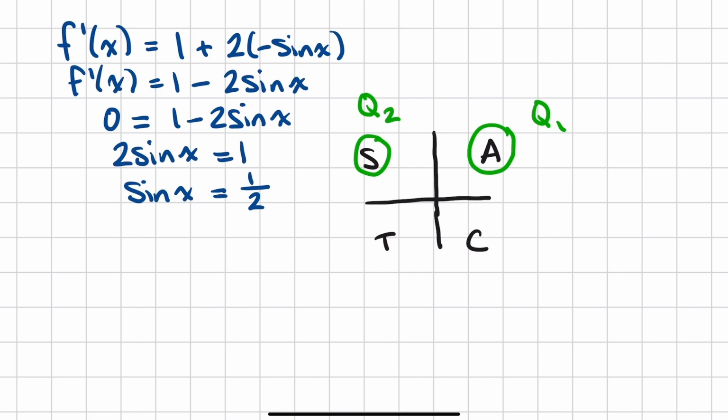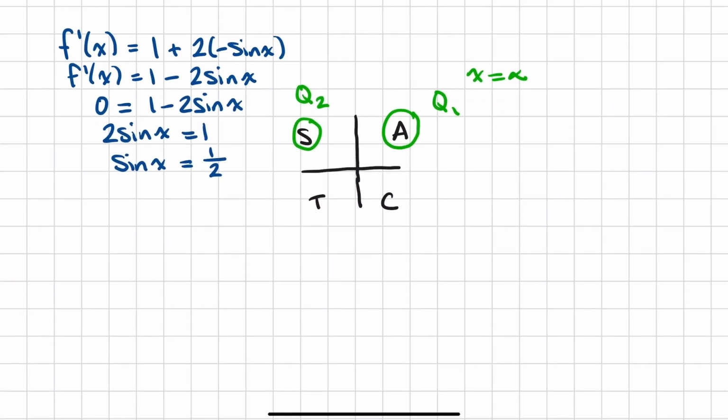And so the first angle in quadrant 1, we can just call that something like alpha, and that is just going to be equal to x. And then for quadrant 2, our x value is just equal to pi minus the alpha value.